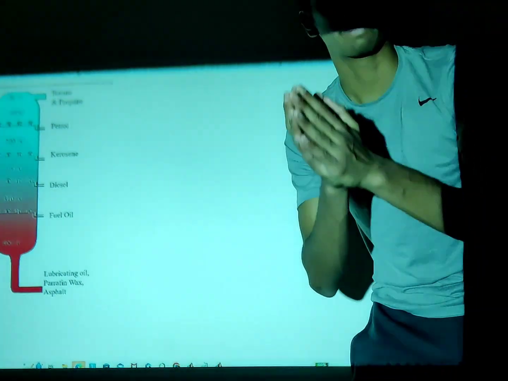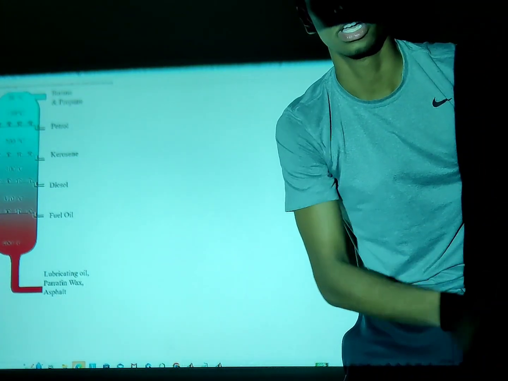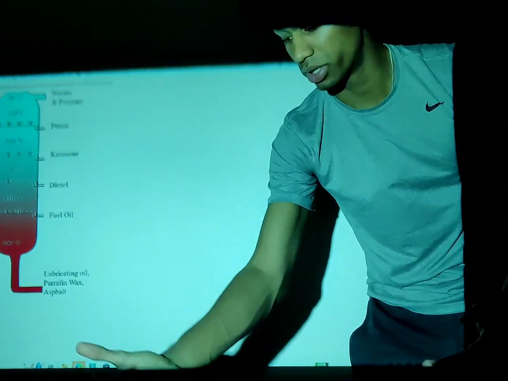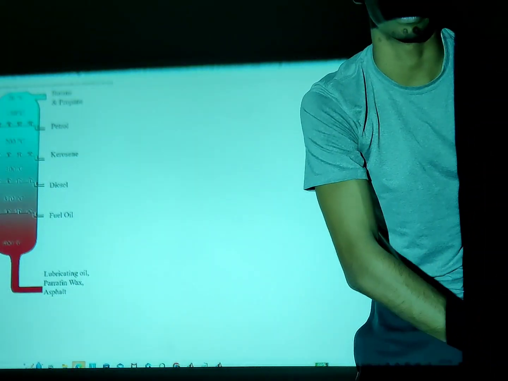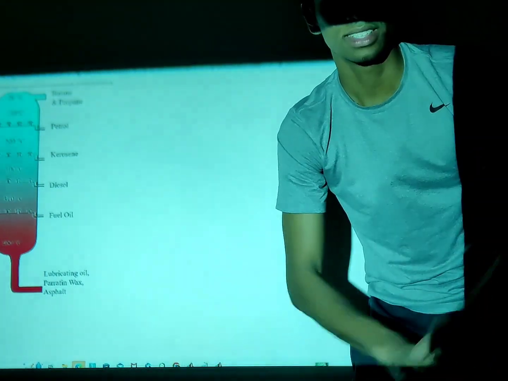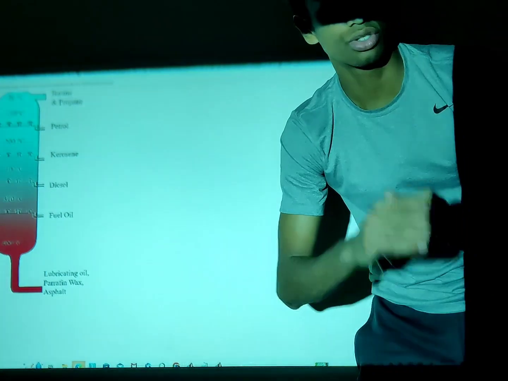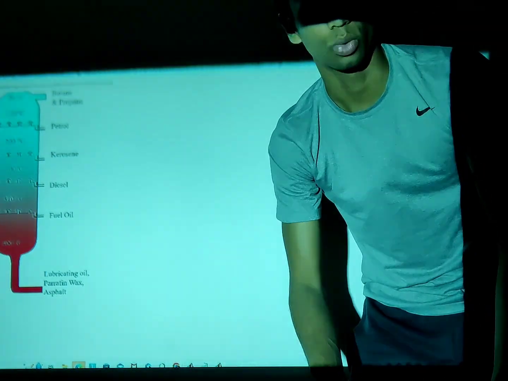And basically it evaporates and condenses in another region of the machine. So you get your pure material, which is what you want to work with, separated from the impure stuff that you don't want to work with. So just by those two processes, you can make so many different things from oil, and that's one of the reasons why it's so valuable in our world today.